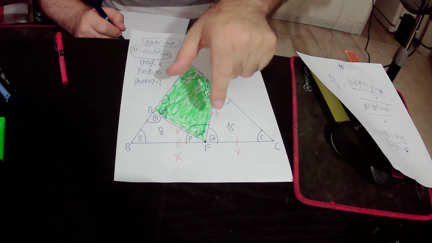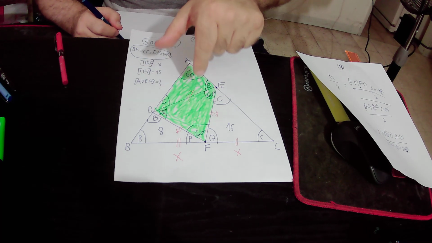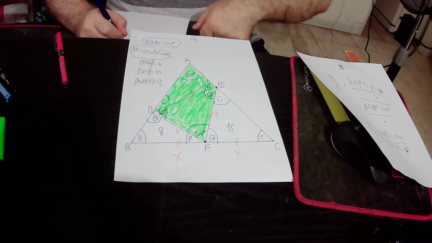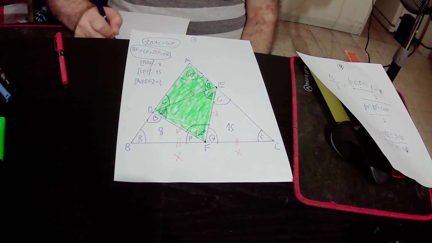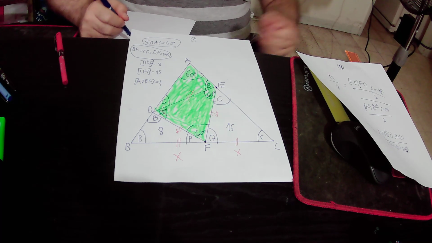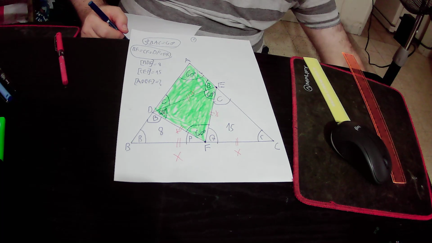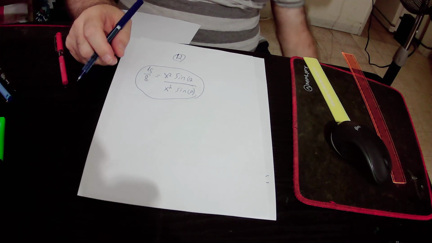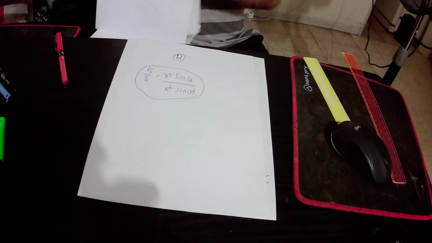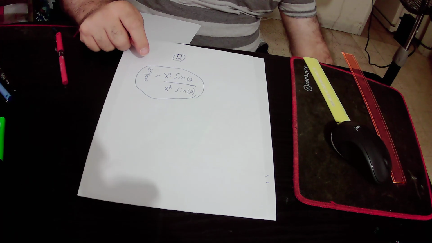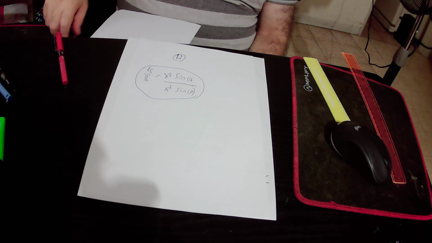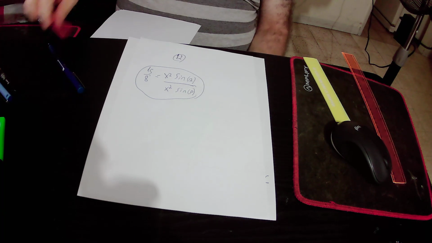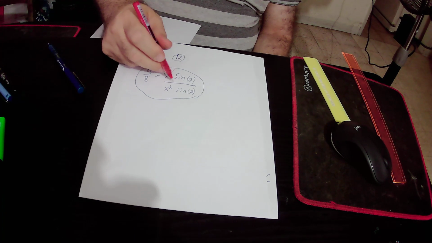DF equals X and BF also equals X, so X times X is X squared times sine P. So in total we got that 15 over 8 equals X squared times sine Q over X squared times sine P. So here X squared over X squared is 1, so X squared is cancelled.